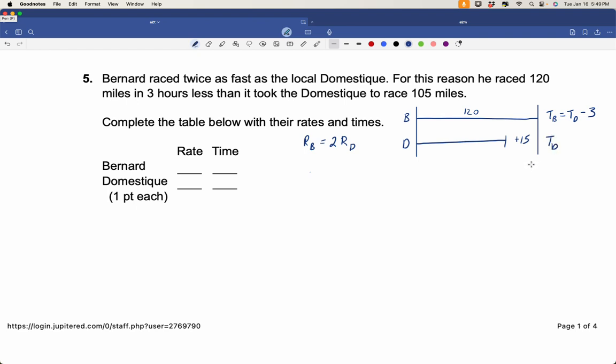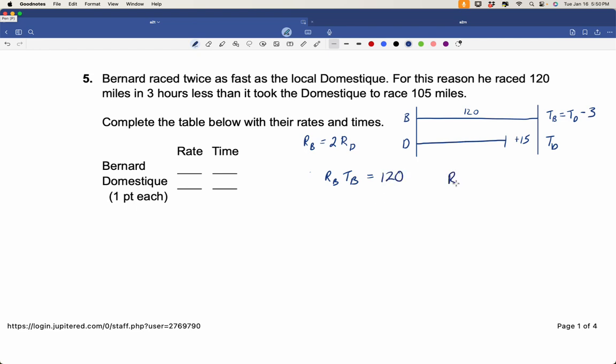Okay, so I think I can work with that. So let's see. This is what's going to give us our equation. So we have the rate of Bernard times the time of Bernard is equal to 120.